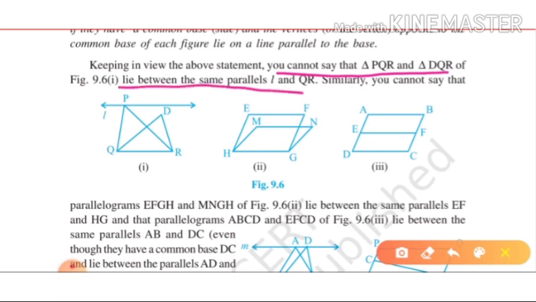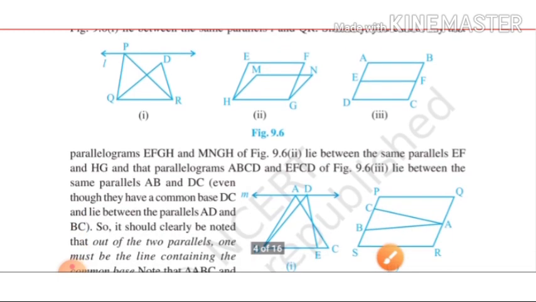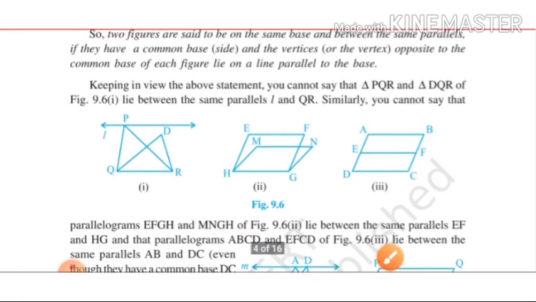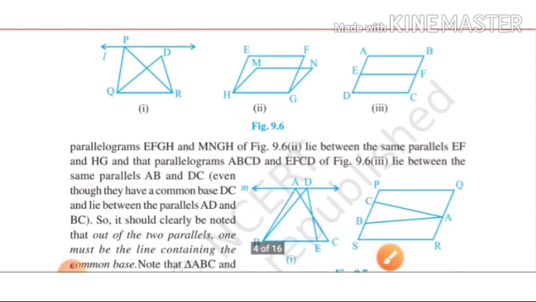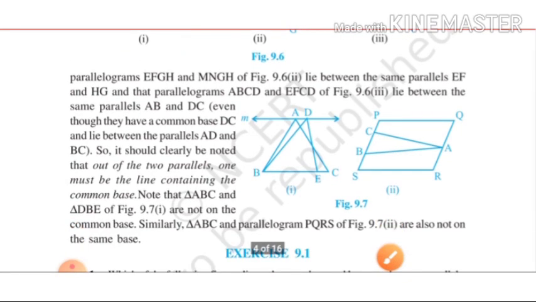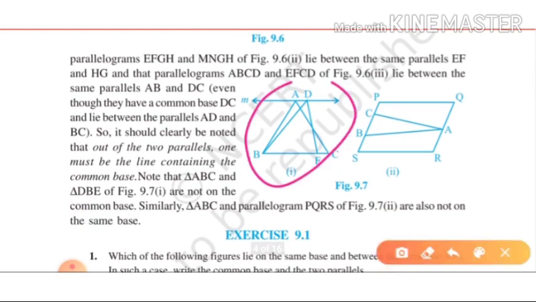It is given here: you cannot say triangles PQ and DQ are lying between the same parallels L and QR. Here also you cannot say they are lying between the same parallels.